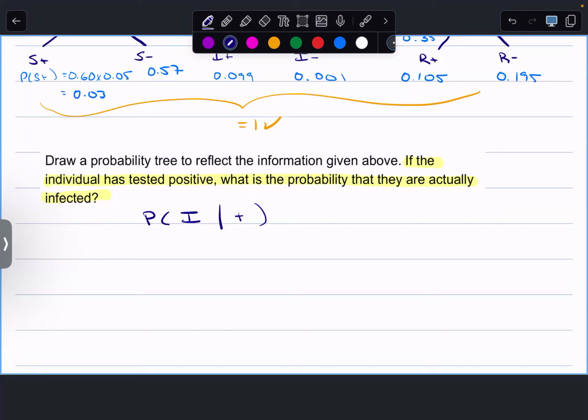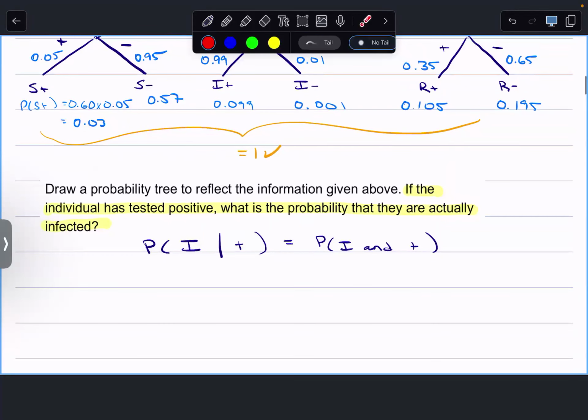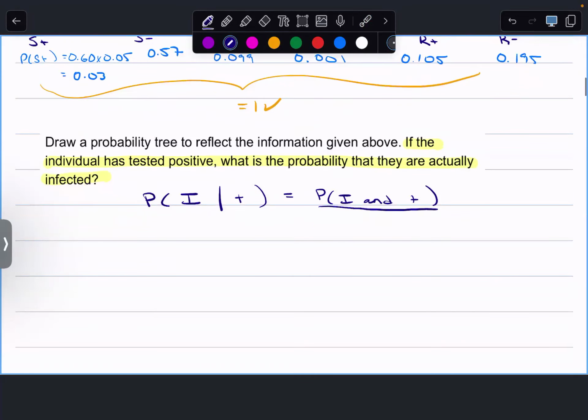Rewriting this, right, into kind of simpler math terms, that's going to be the probability of infected and a positive test. We already have that probability, right? And so the probability of I and plus, which I've written as just I plus, but it's I and plus, technically, divided by the probability of a positive.